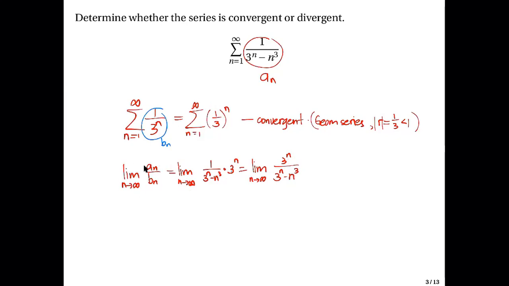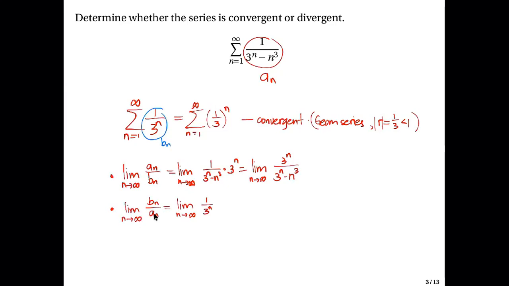But remember, just earlier, instead of computing an over bn, mas madali minsan computein yung limit ng bn over an. So ipapakita ko sa inyo kung paano magiging handy yon. Okay? So instead, i-compute ko yung limit ng bn over an as n approaches infinity. Okay? And if you do this, of course, yung bn nyo mapupunta yan sa numerator, which means yung bn, it's just 1 over 3 to the n.